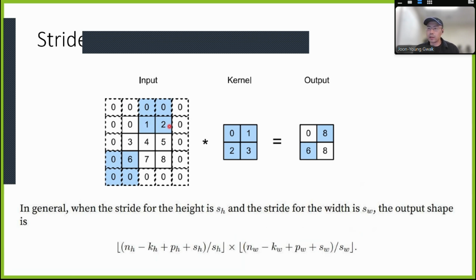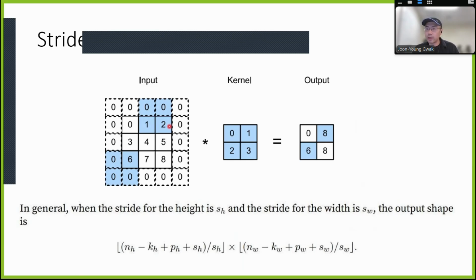So striding is one way to decrease the dimension of the output matrix, which in formal terms could be used as downsampling. Another downsampling method, which you may have gone over, is pooling, max pooling or average pooling.